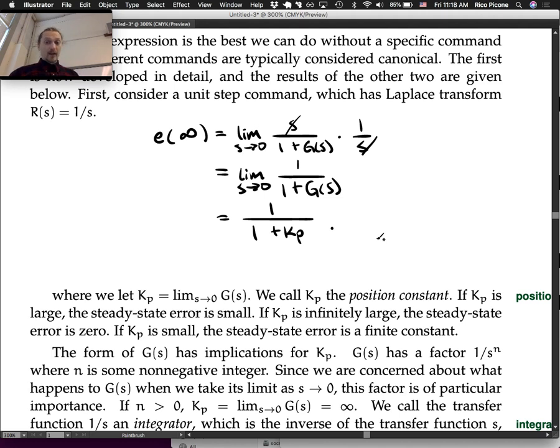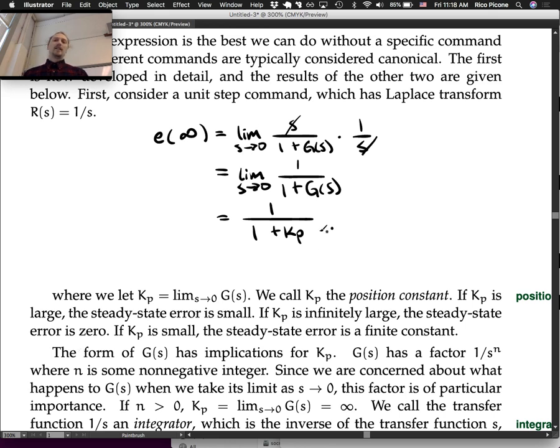If kp is large, what happens to the steady state error here? So say kp is 500. Yeah, it's 1 over 501, which is a small number, right? And if kp gets infinitely large, the steady state error is 0.